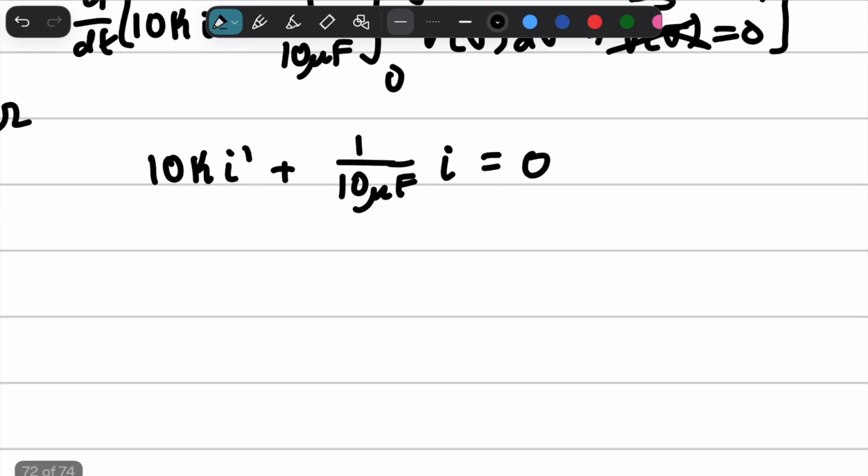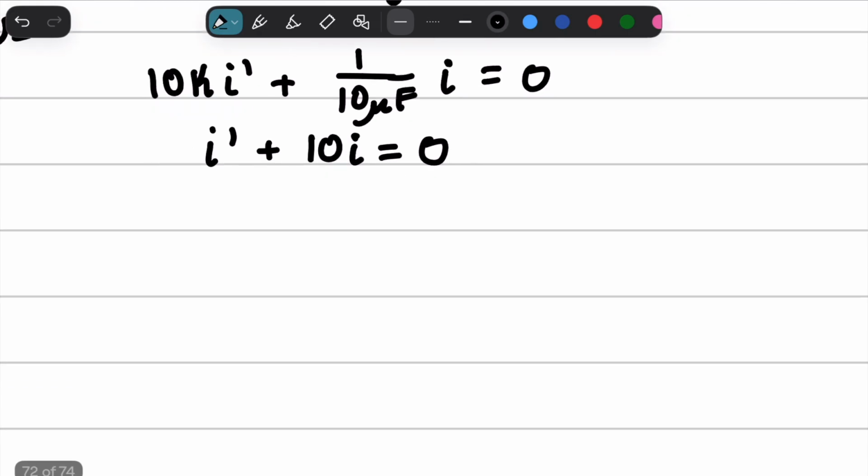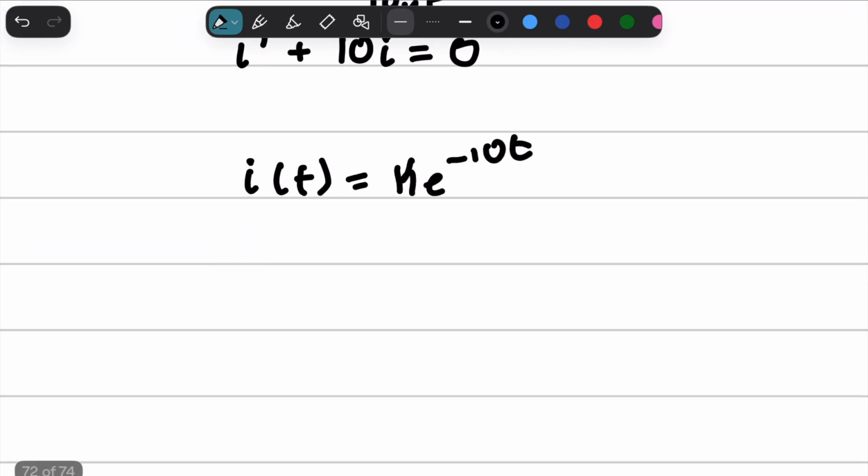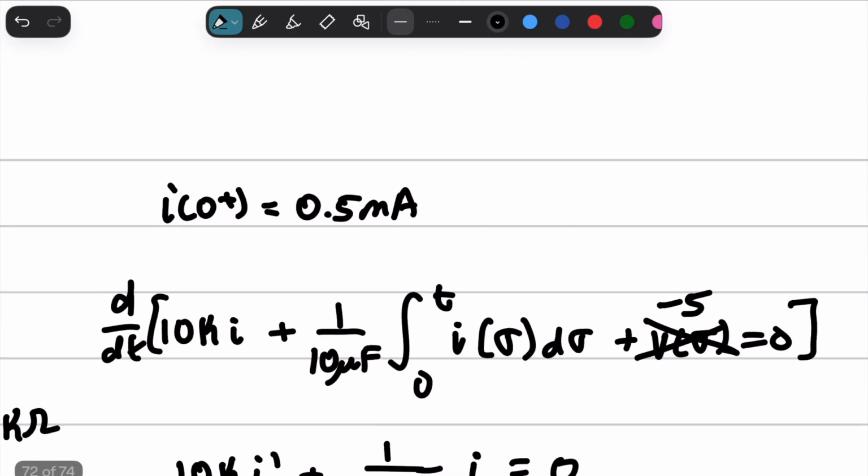And we are going to get, by dividing everything out by 10k, I prime plus 10I equals 0. Okay? And using our little trick that we proved earlier, we are going to get ke to the -10t. Okay? And now we can solve, so this is technically step 4.